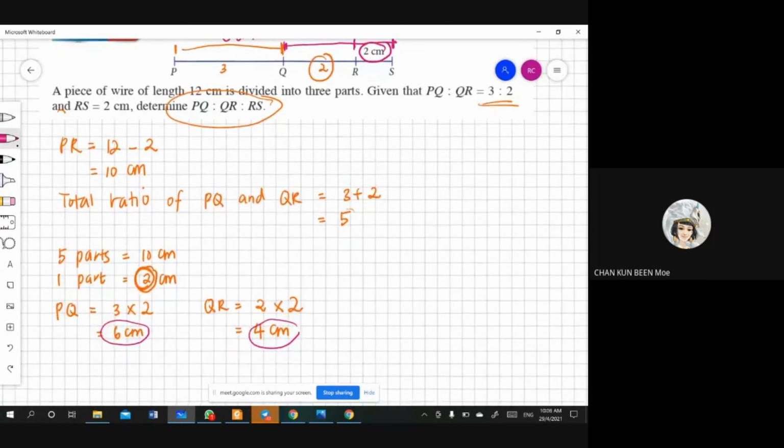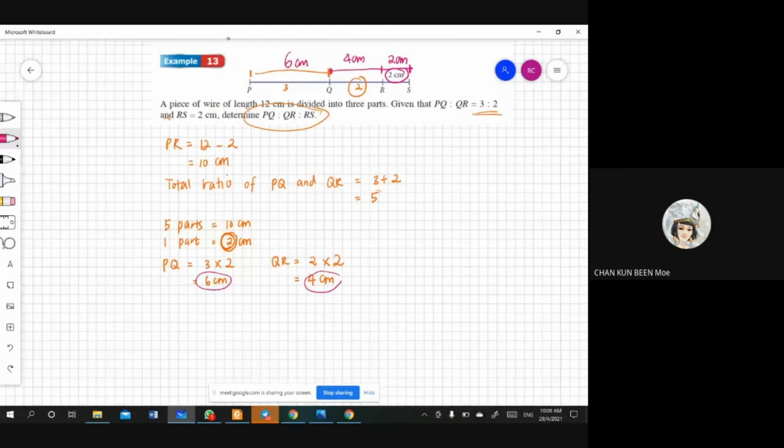So we can write down the answer already and make it smaller. Thus, PQ to QR to RS is equal to 6 to 4 to 2.